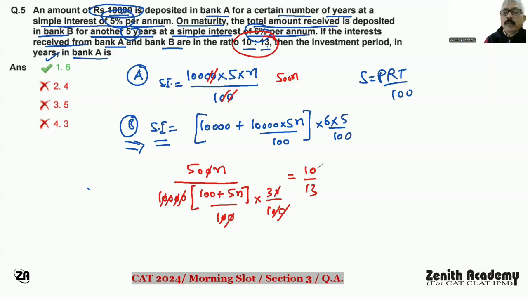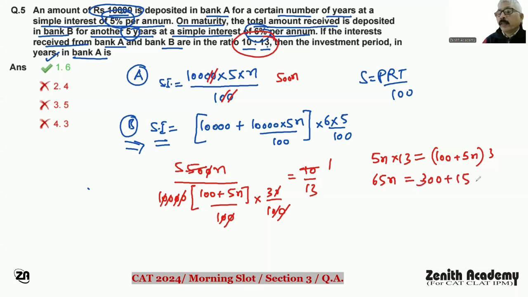So now 10 cancels with 1, 10 with 5. So this is 5n into 13 is equal to 100 plus 5n, times 3. So this is 65n and this is 300 plus 15n.